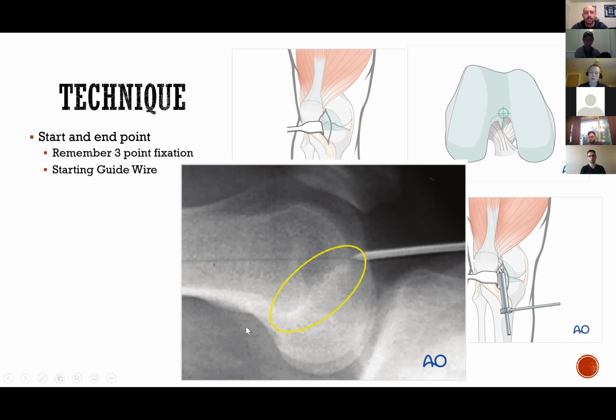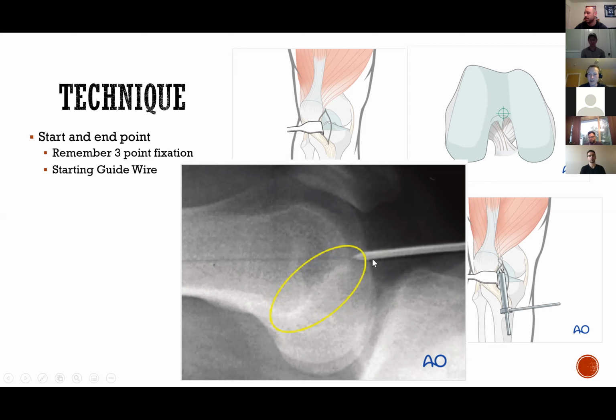Also, there's something we call wig-wag, the adduction or abduction of the leg. If you are off in that plane, what you'll see is the distal femoral shadows will not overlap correctly.